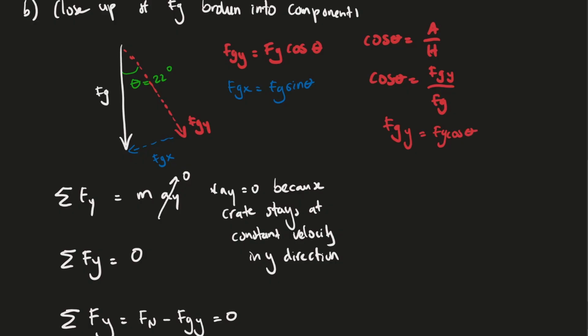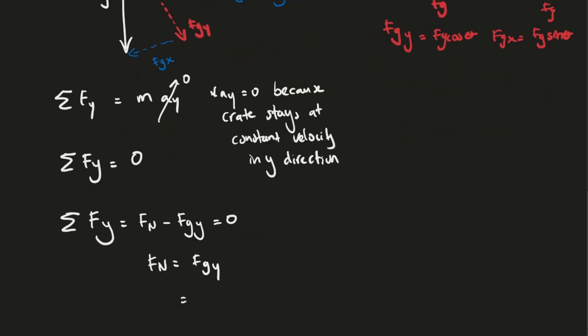Same goes for the Fgx. Sine theta is opposite over hypotenuse. So sine theta is equal to Fgx over the hypotenuse, which is Fg. So our Fgx is equal to Fg sine theta. Okay? So then let's go back.